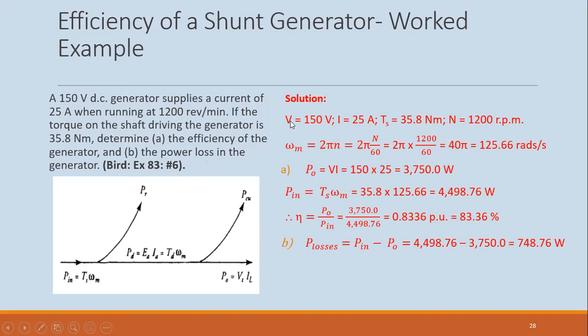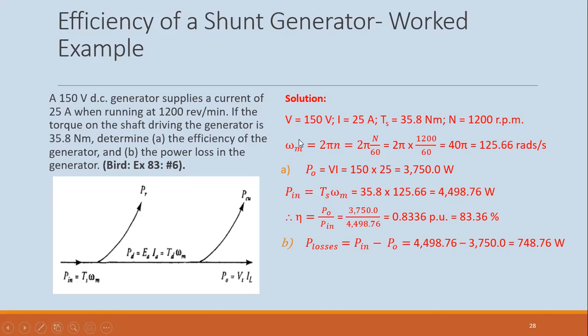So we can work out what the output power is using these two. We're given the input parameters, the shaft torque, and the speed at which it was turning. So we can actually work out power in, the mechanical power in, directly this time.